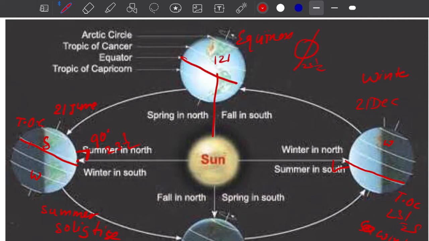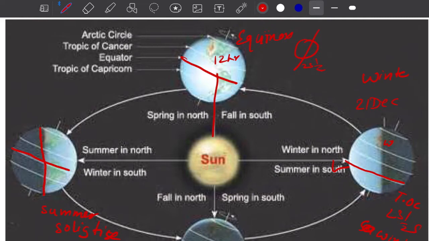At that point of time there are 12 hours of day and 12 hours of night. Here in summer in the northern hemisphere daytime is more. See, this line, this side we have the lighted region, this side we have the dark region. This is the equator. This is our equator.